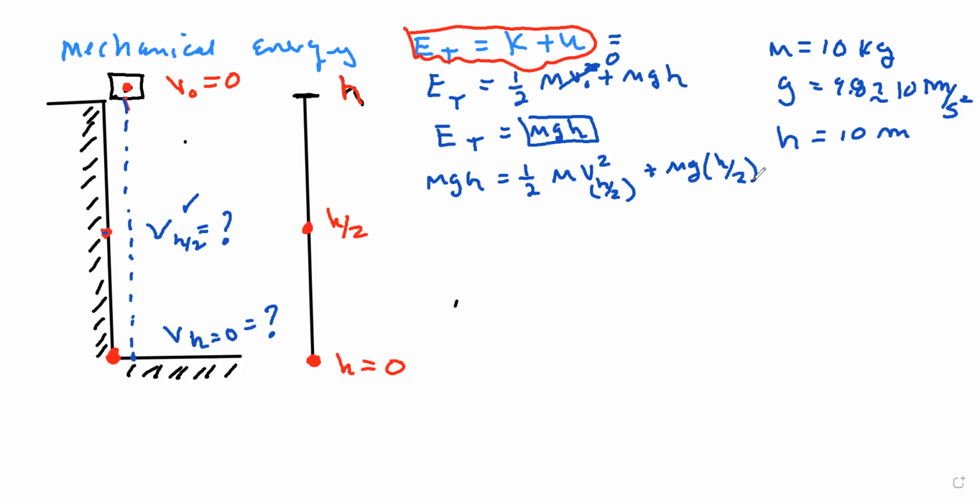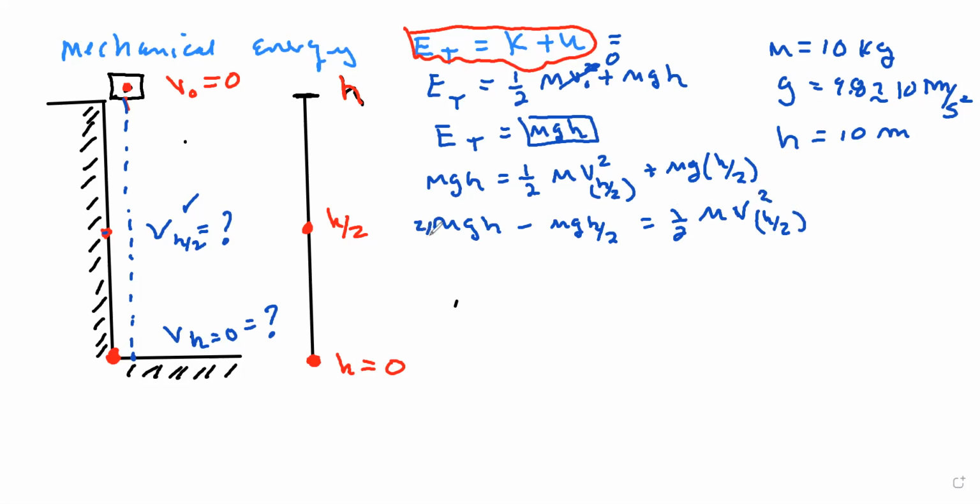So you can send this to the other side. So it's going to be mgh minus mgh divided by 2 equal to 1/2 of the mass velocity at h over 2 squared.